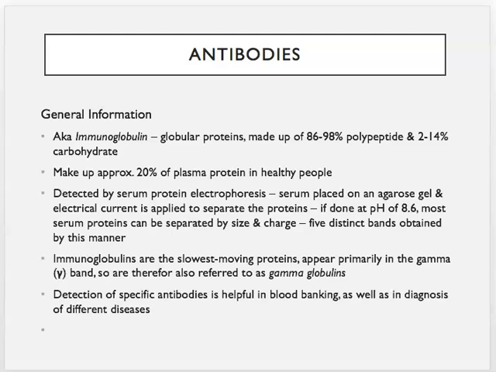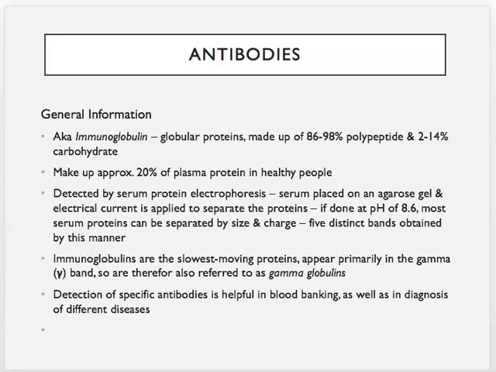They can be detected by serum protein electrophoresis, where you've got serum from a patient that's placed on a gel. You run an electrical current through it, and it separates the protein. If that process is done at a pH of 8.6, most serum proteins can be separated by size and by charge, and you've got 5 distinct bands that you can obtain in that process.